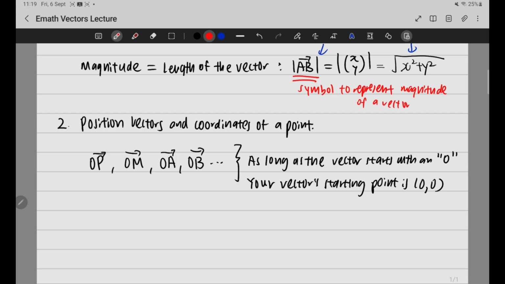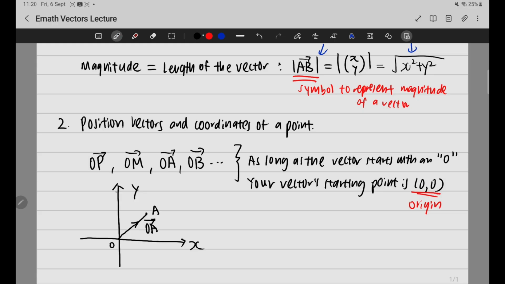That means it's the origin. So for example, if we look at this y-x plane over here, this is y, x, 0. Now if this is A, that means here to here is my OA.